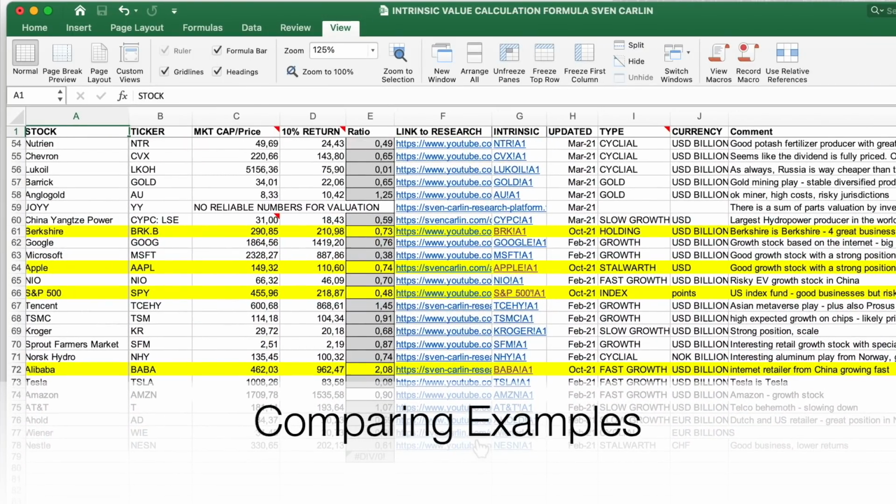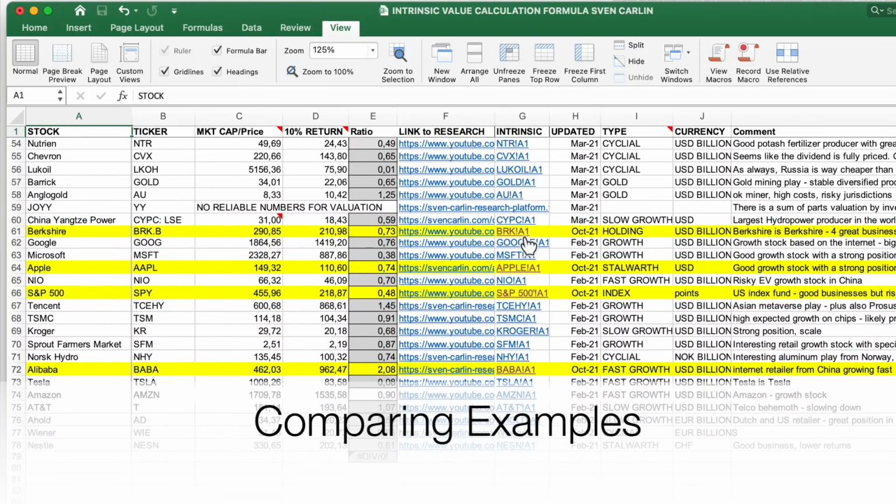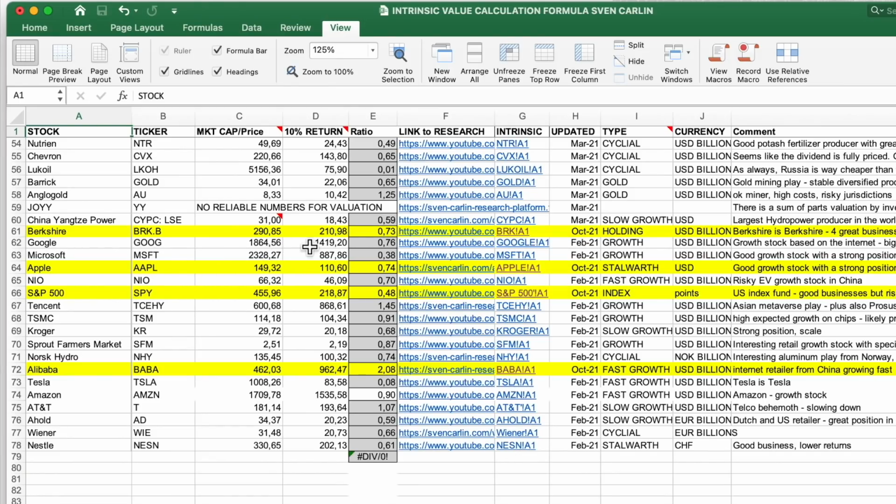So let's do a comparison. Let's conclude on our stocks. Berkshire, it's good for a 7% return, which is a great return with the safety Berkshire gives you. It's a financial fortress. It will be there 30-40 years down the road. So Berkshire is always Berkshire. And if you're happy with a 6-7% long-term return, Berkshire is definitely a buy.